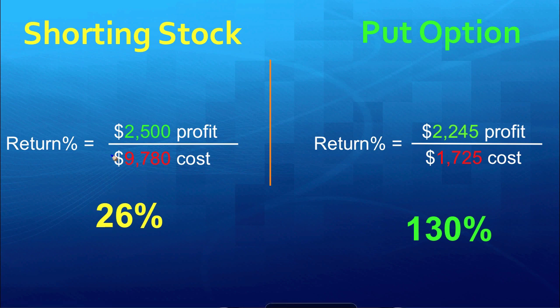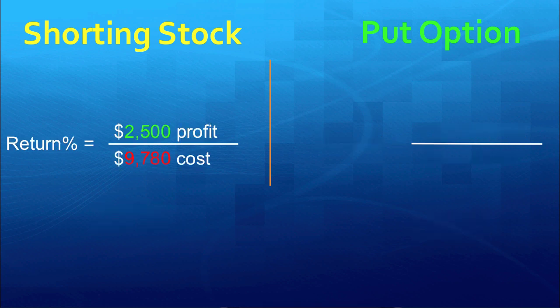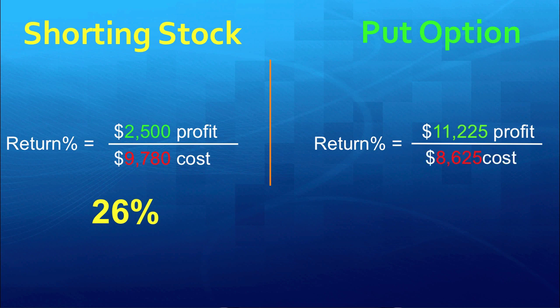And here's the thing. We didn't even use the same amount of money over here that we did over there. What if we would have used the same amount of money? What if we tried to get close to spending $10,000 on put options? Well, we would have spent $8,000, but we would have had 5 times the amount of puts. So we would have had 5 times the amount of profit, right?